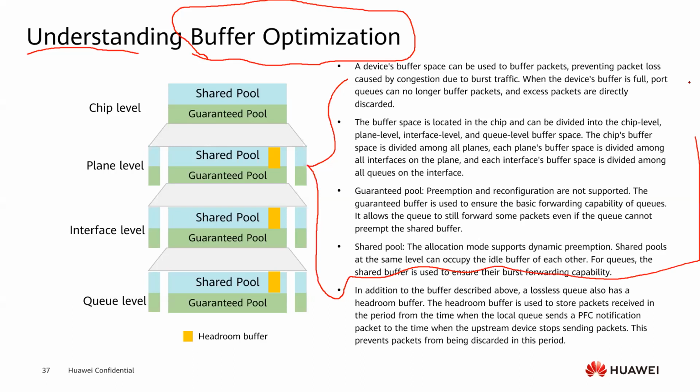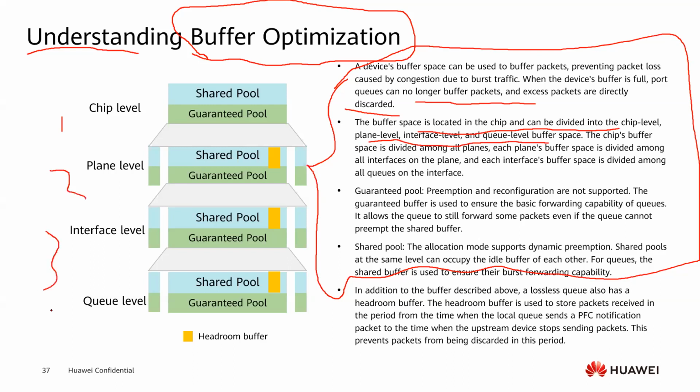A device buffer space can be used to buffer packets, preventing packet loss caused by congestion due to burst traffic. When the device buffer is full, the queue can no longer buffer packets, and the excess packets are directly discarded. The buffer space is located in the chip and can be divided into four levels: chip level, plane level, interface level, and queue level.